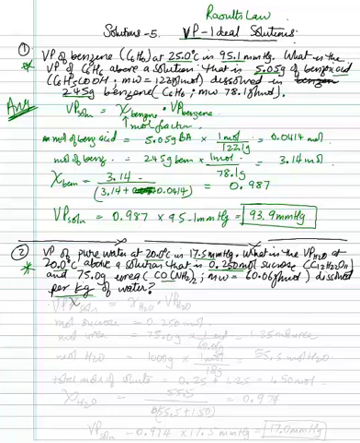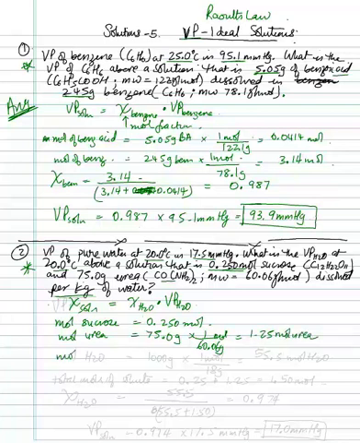First of all, the vapor pressure of the solution is going to be the mole fraction of water times the vapor pressure of water. So we're looking for the mole fraction of water. The moles of sucrose are already given to us, which is 0.25 moles, and the moles of urea is 75.0 grams times 1 over 60.06 grams, which is equal to 1.25 moles of urea.